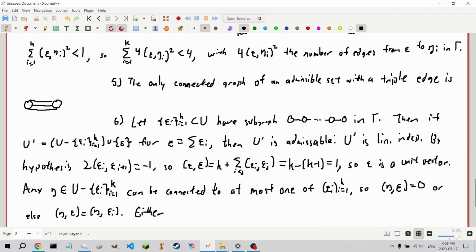Either way, 4 times the number of connections between eta and epsilon is a valid amount.